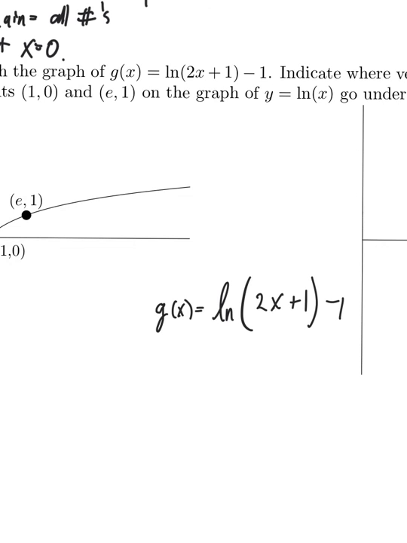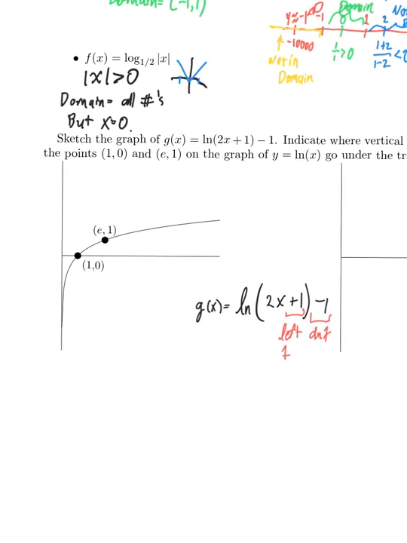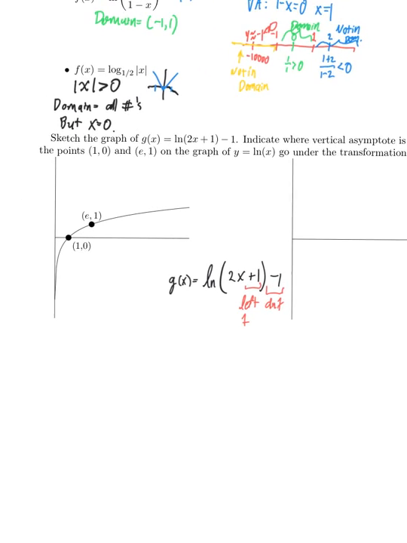So first you should go down 1, then you should go left 1. So, let's do that. I'll trace these 2 points first.